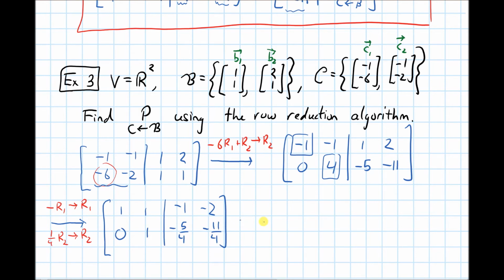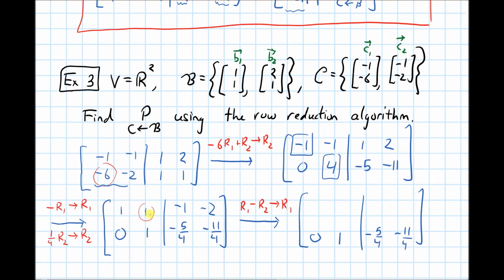And we are one row operation away. Now I want to zero out the things above the pivots. So I would do row 1 minus row 2 and insert that into row 1. So the second row is going to stay the same: 0, 1 augmented with -5/4 and -11/4.